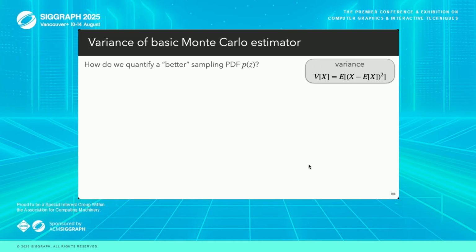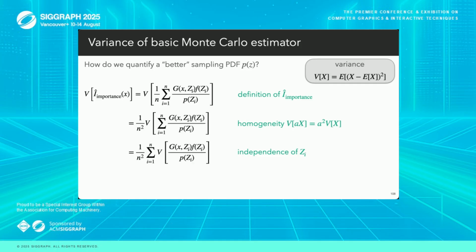Now, to actually analyze this variance and see what we can do to influence it, we can write down the expression for the variance of our importance sampled estimator, and we can perform a few algebraic steps to arrive at this expression in the bottom row, where you can see that there are only two quantities that actually impact the variance. The first is the number of samples we take, n.